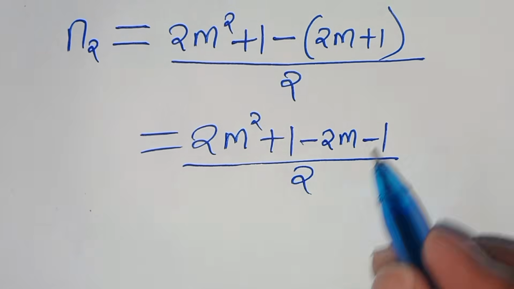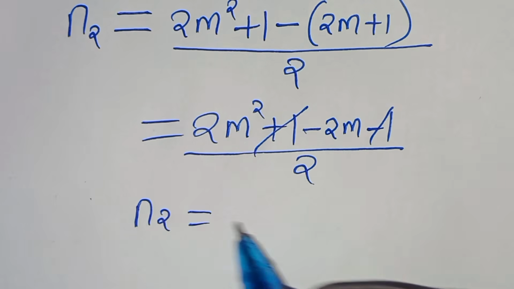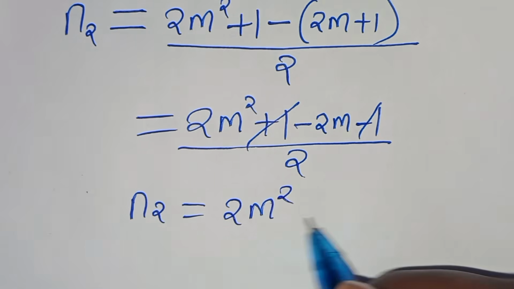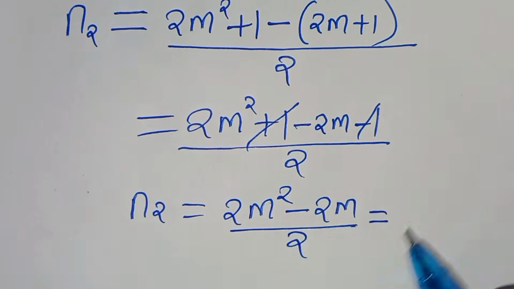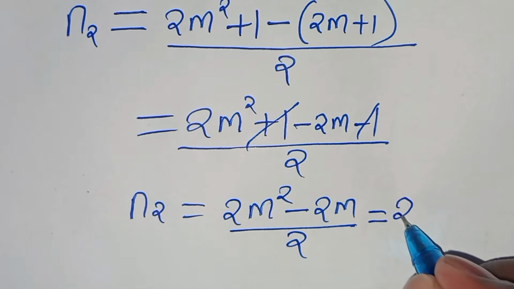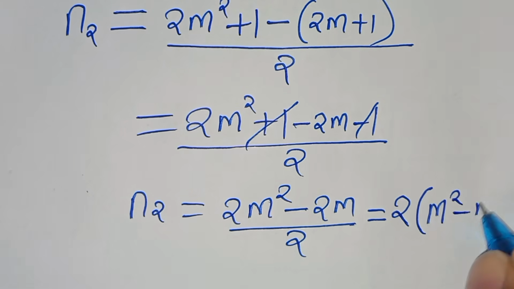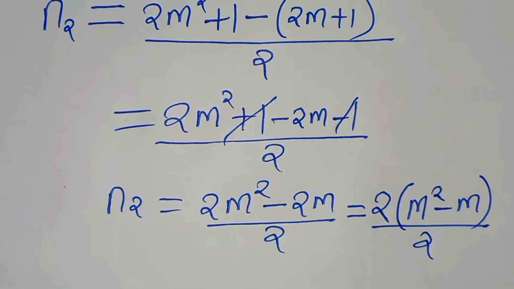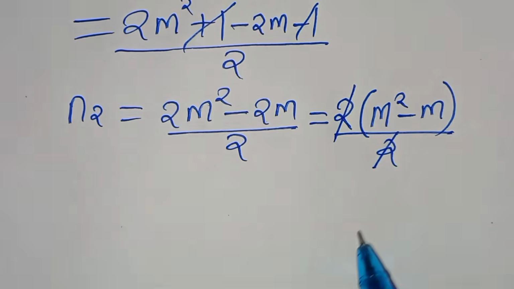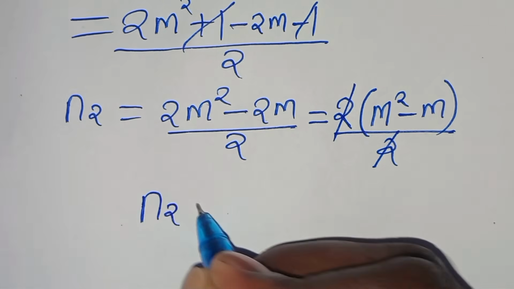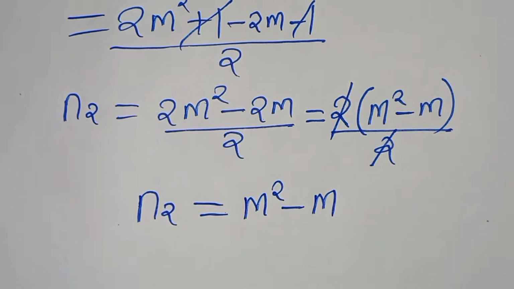So plus 1 minus 1, this simplifies so that we have n2 is equal to 2m to the power of 2, subtract 2m divided by 2. We have that 2 is common here, so we can factor out 2 into the parentheses. This is m to the power of 2, subtract m, then divided by 2. Now we can simplify 2 and 2 here, so that n2 is equal to m squared minus m.